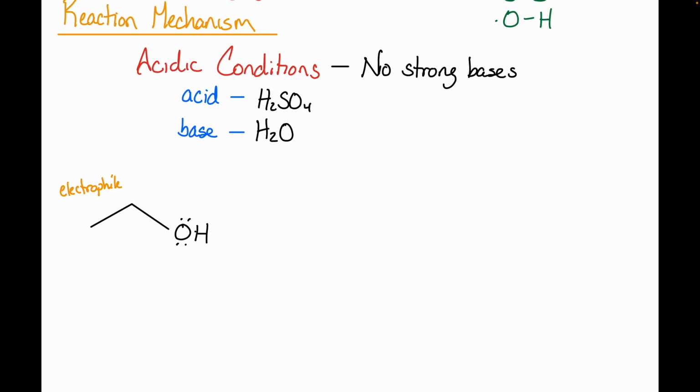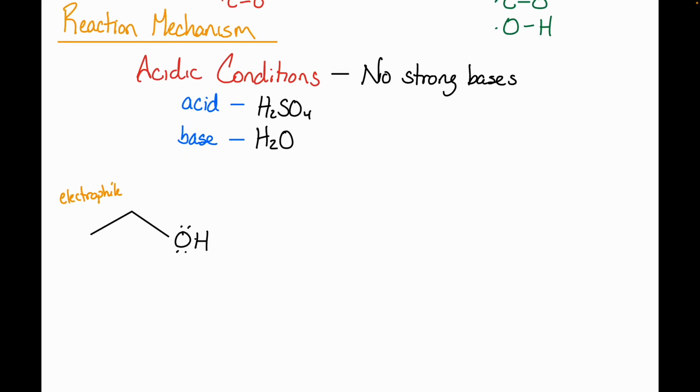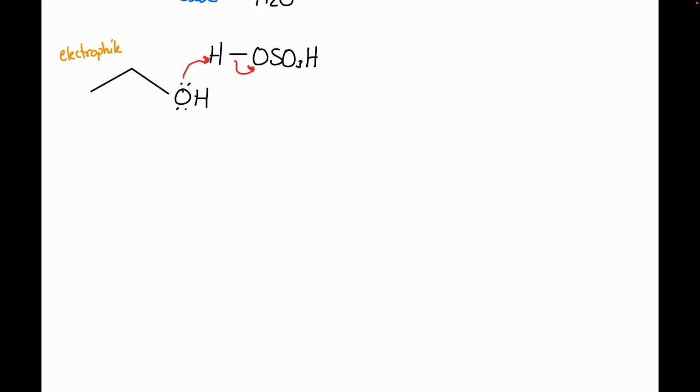That would certainly be a way that I could go about doing this, but there's an even easier way under acidic conditions, which is to simply protonate that oxygen. All right, then it wouldn't leave as hydroxide, it would leave as that neutral water.